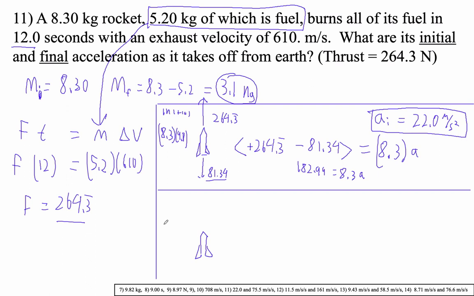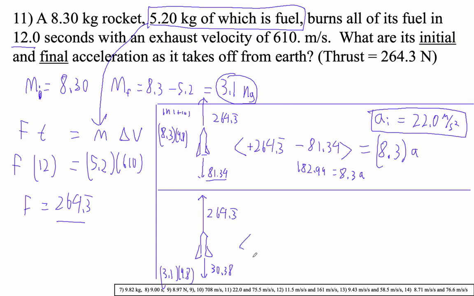So the force downward is going to be 3.1 times 9.8. That's 30.38. We're going to imagine that the force upward doesn't change. It's still going to be 264.3 N. You guys are rocket scientists now, aren't you?